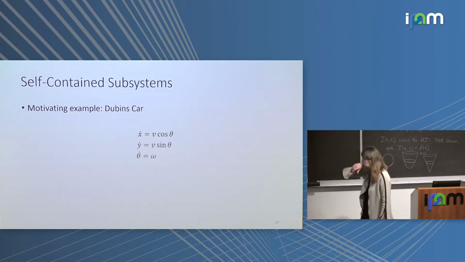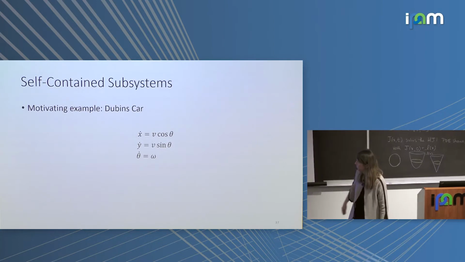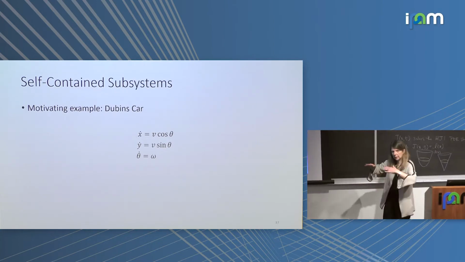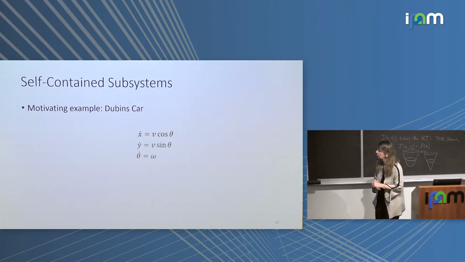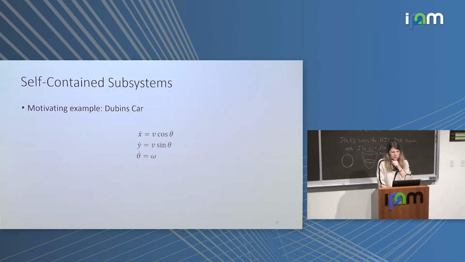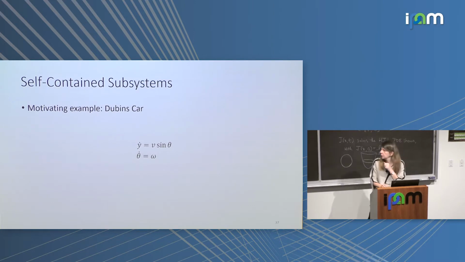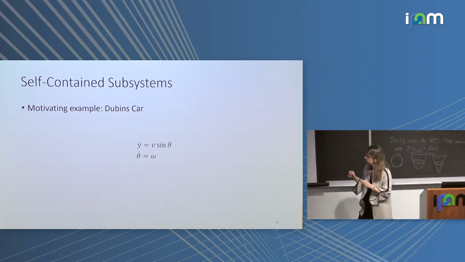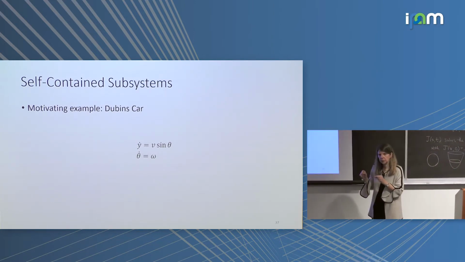This is similar to the models we've been using for aircraft lateral avoidance, a Dubins car model. We define the notion of self-contained subsystems. A subsystem is self-contained if all the variables needed for computing the state, the trajectory, the solution, are contained in that subsystem.